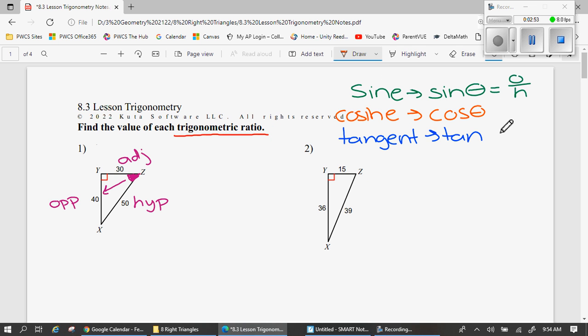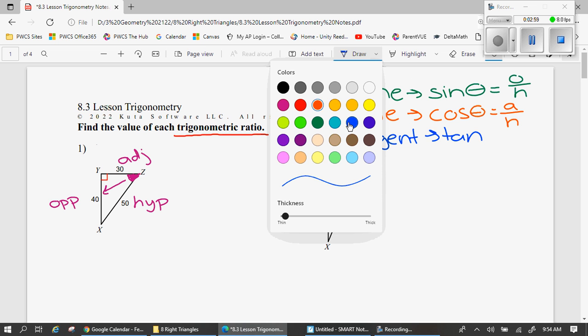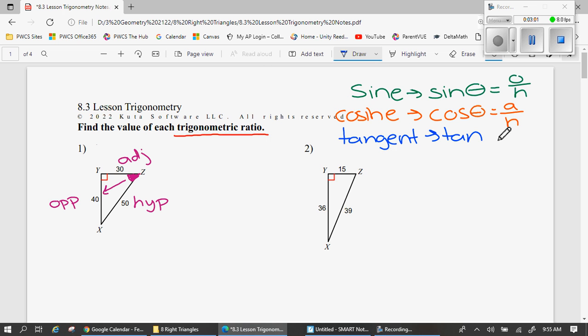The cosine of any angle is equal to the adjacent side divided by the hypotenuse. And the tangent of any angle, we'll use theta, again that Greek letter, is equal to the opposite side divided by the adjacent side. There are many ways to remember these. These can be found on formula sheets often. We can talk about ways to remember these in class.